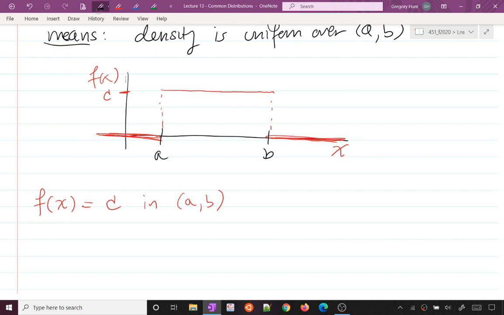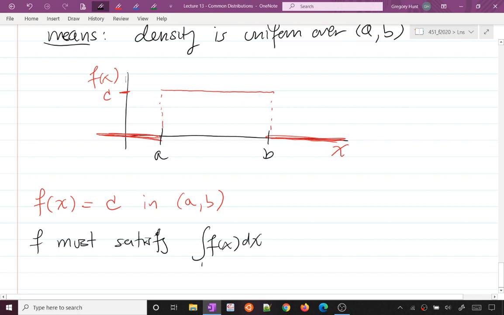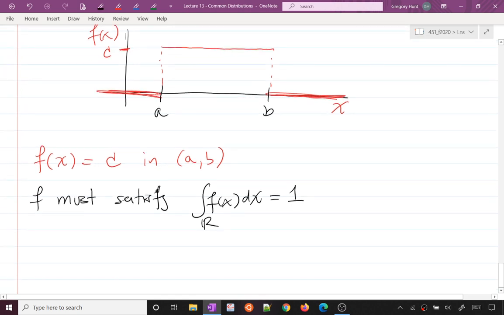How do we know what value of c it should be? Well, we know f must satisfy that if I integrate this thing over the whole real line, it had better be 1.